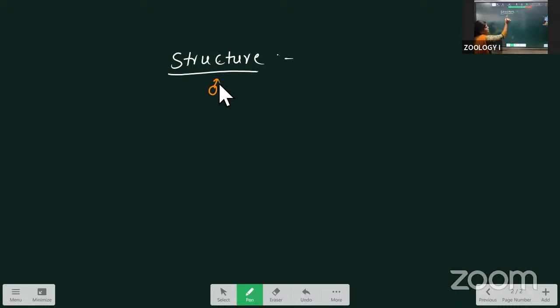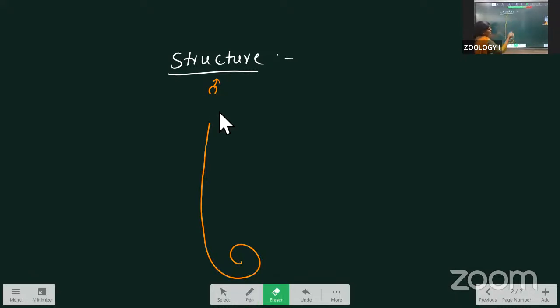This is the male. It has a curved tail. Above the curved tail the cloaca is present, and near the cloaca the copulatory spicules are present.